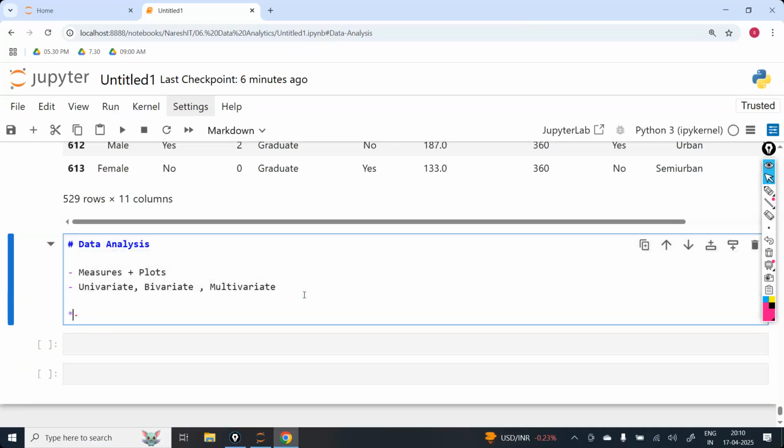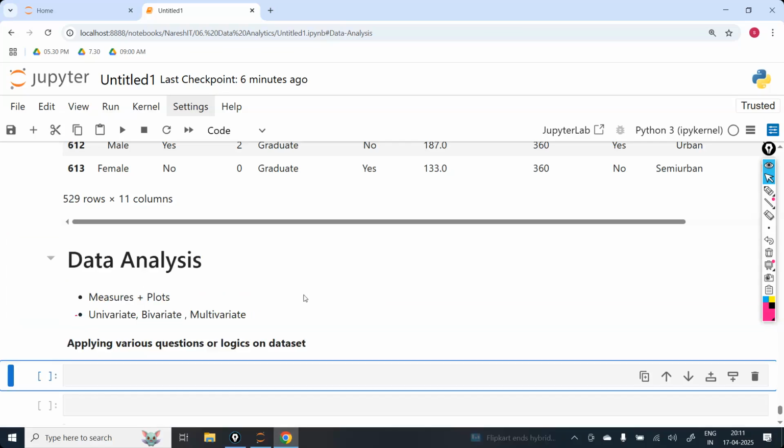How we are going to do the data analysis means applying various questions or logics on the data set. Applying the various questions or logics on the data set is only called data analysis.